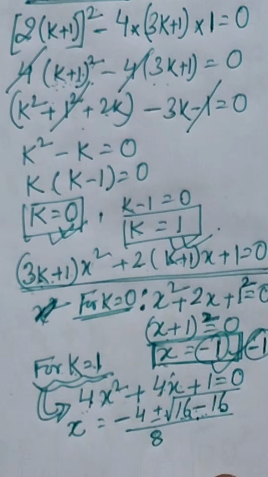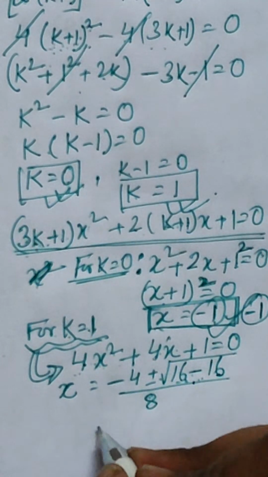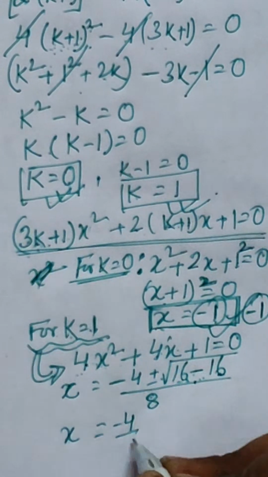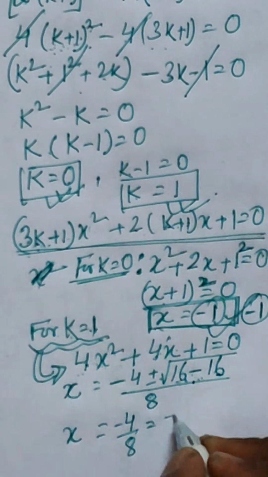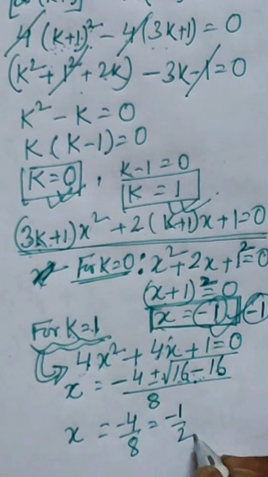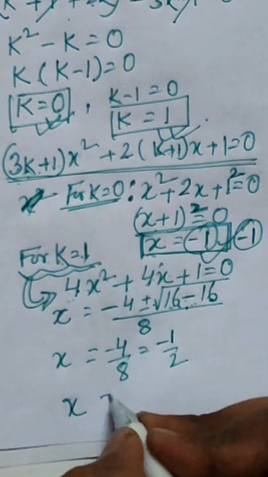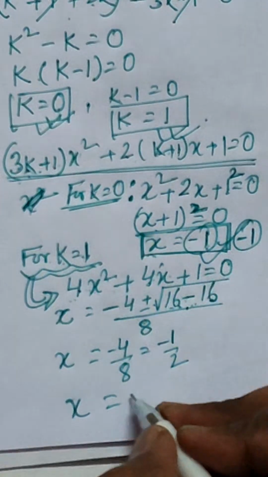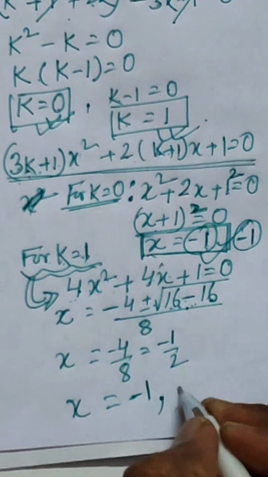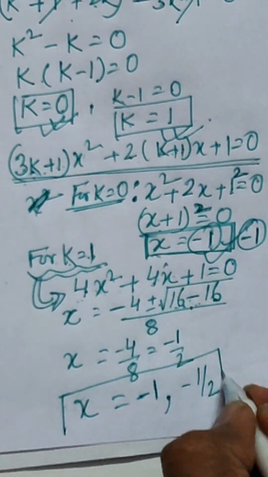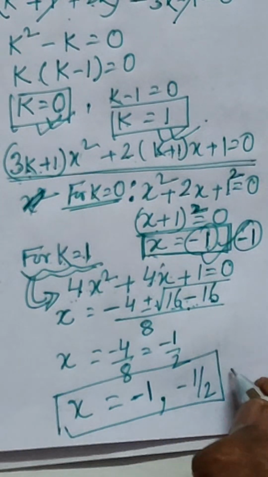So the roots are minus 4 by 8, which is minus 1 by 2. So the roots are calculated as x equal to minus 1, this one, and minus 1 by 2. These are the roots which are calculated.